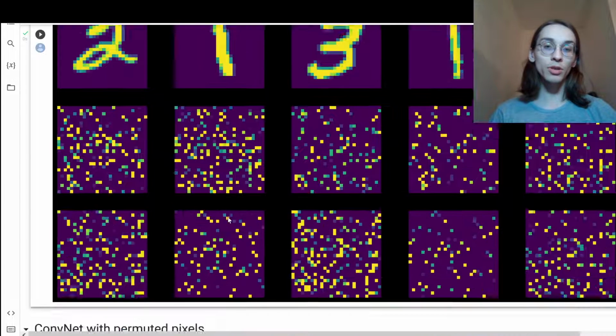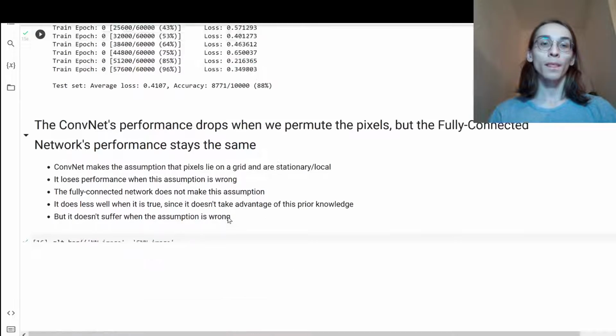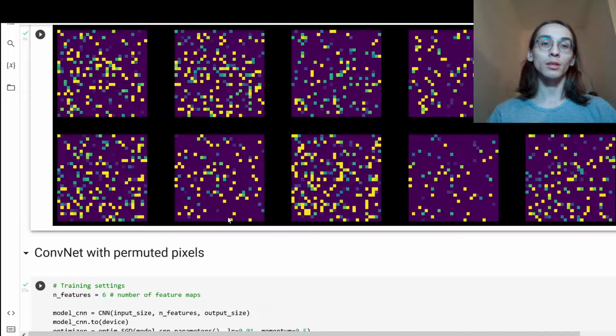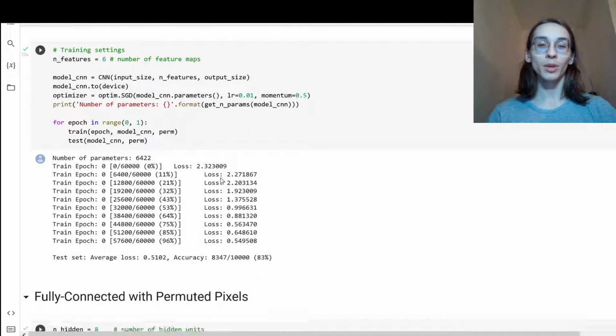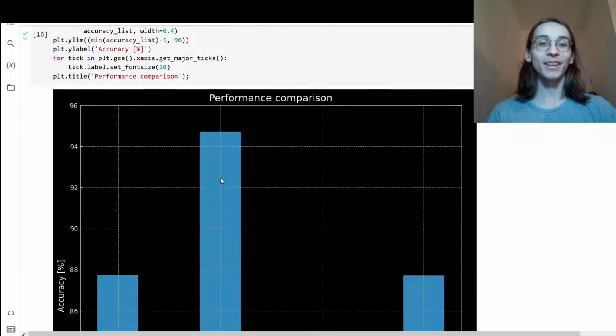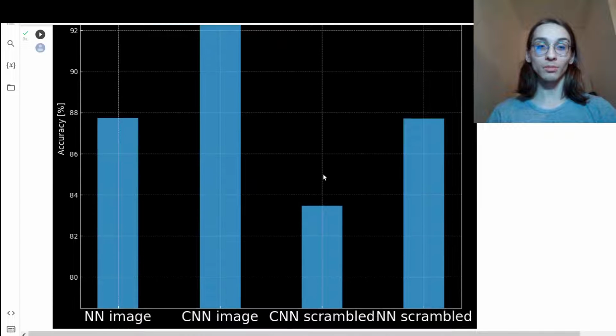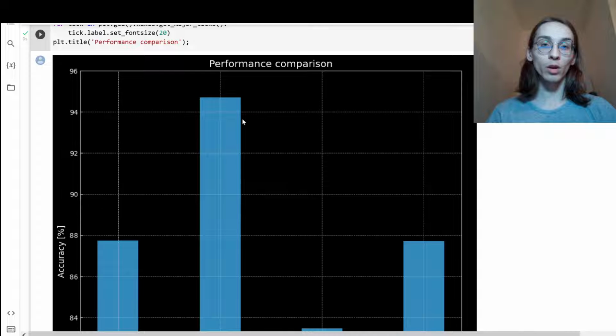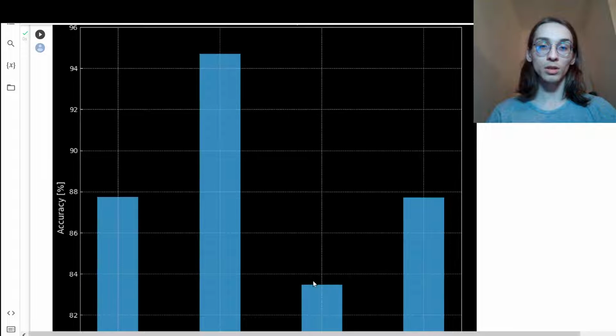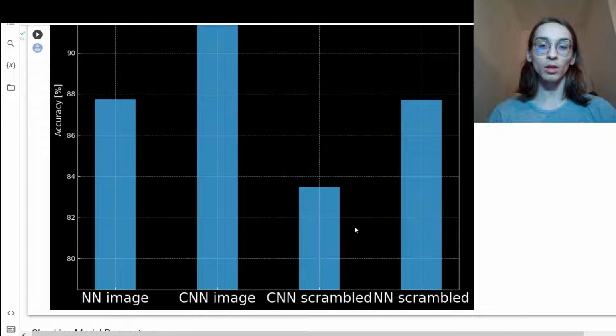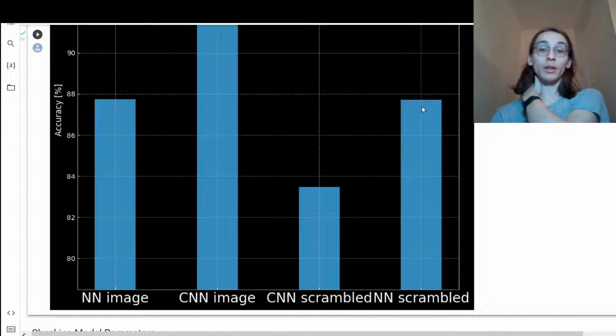We can detect edges and all that kind of stuff. When in this, we don't get anything. So yeah, the results tell us the same thing: the CNN got way worse, and in fact, it's worse than a fully connected network when we have permuted, scrambled data. I really like that.